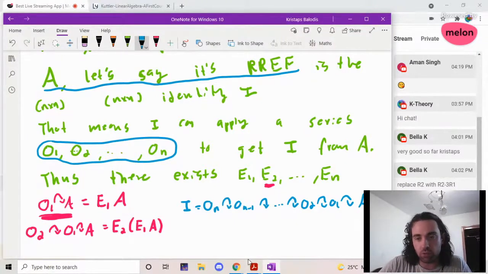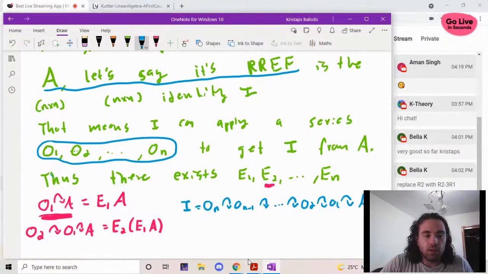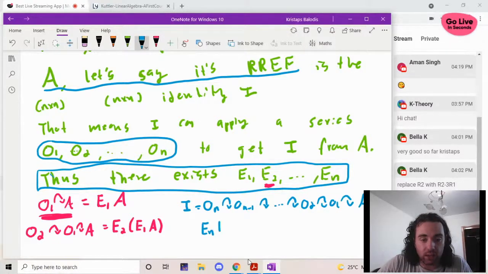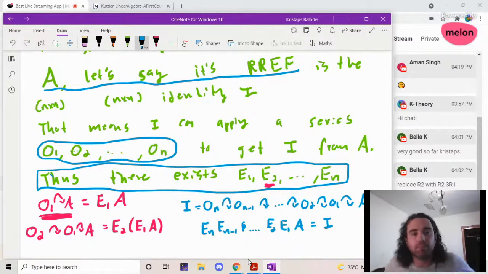So I apply all these row operations to A, but then that also means I can find n elementary matrices so that if I do this multiplication, En times En-1 times ... down to E2 times E1 times A, this is equal to the identity, right?